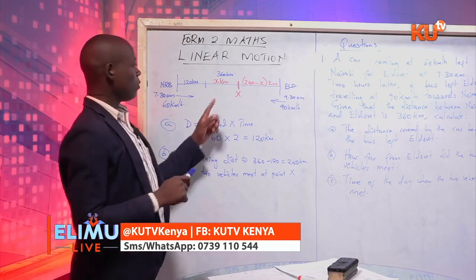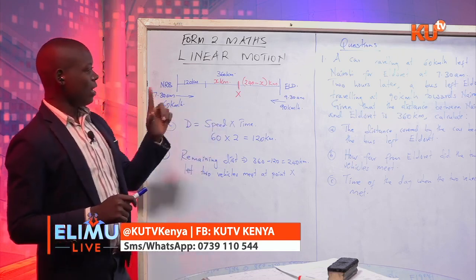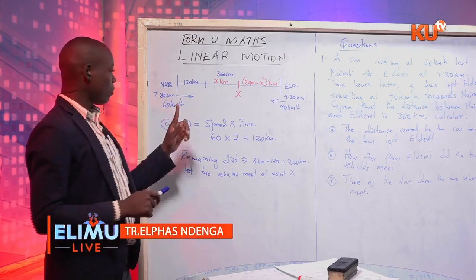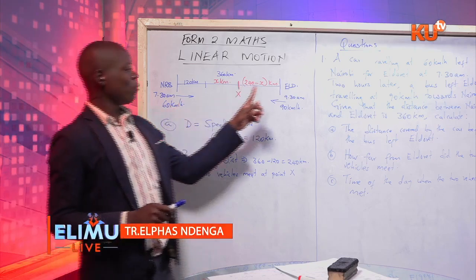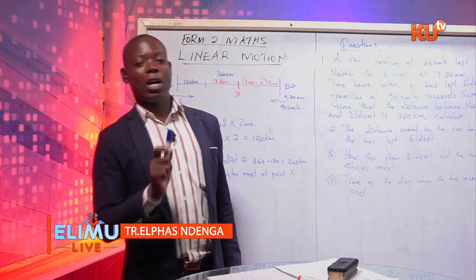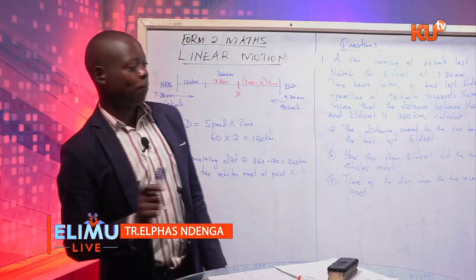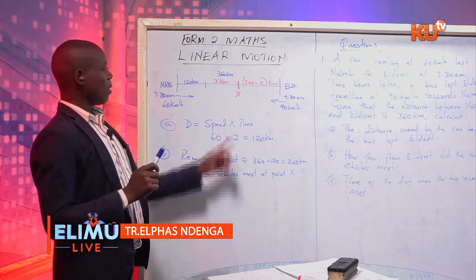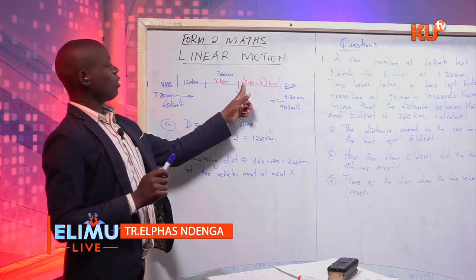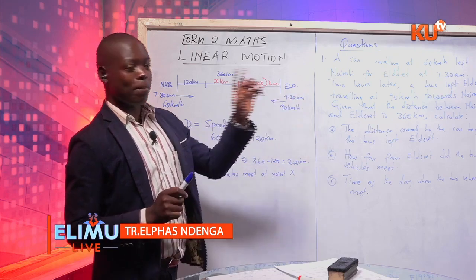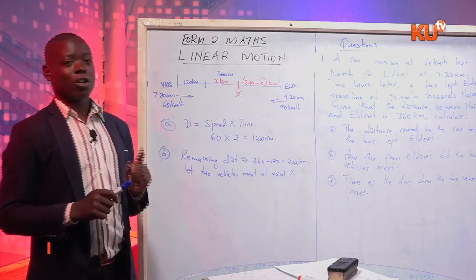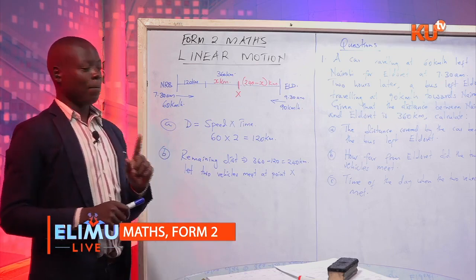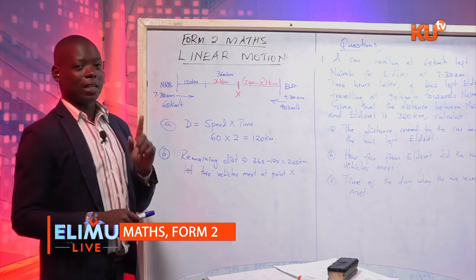Practically, the speed cannot be the same, which is why you have 60 kilometers per hour and 90 kilometers per hour. So we rule out speed. The distance, again, is not the same. We have X kilometers and 240 minus X, so distance is not common. So what are we left with? It's time. That time must be the same.